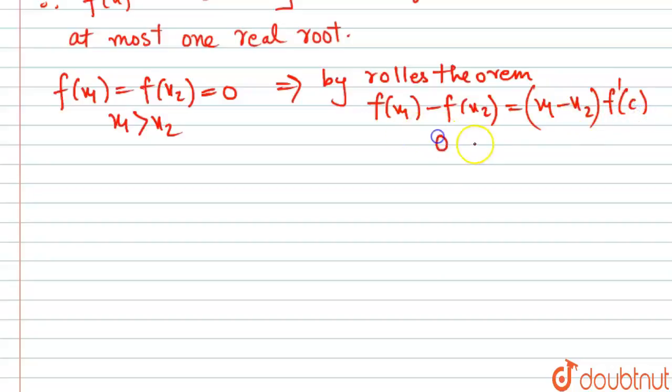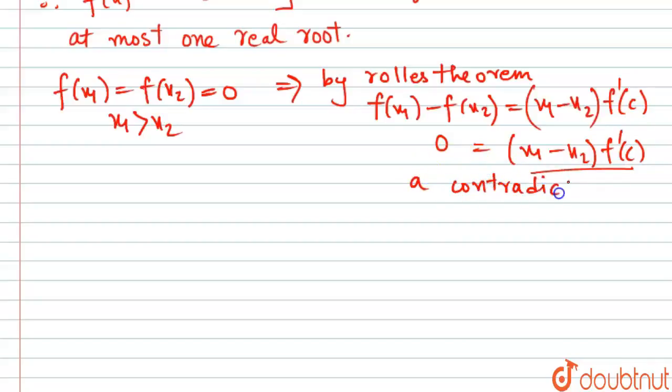Now this is 0, and x1 - x2 is greater than 0 and f'(c) is always greater than 0, as we have shown. So this part is always greater than 0 and this part is equal to 0, a contradiction. So we can say that f can have at most one real root.